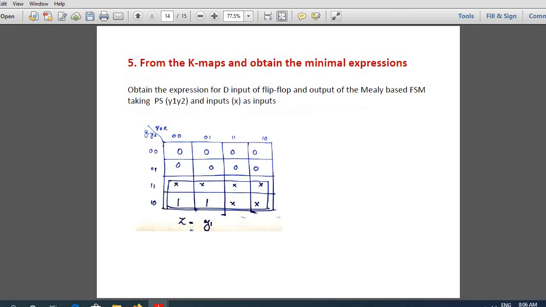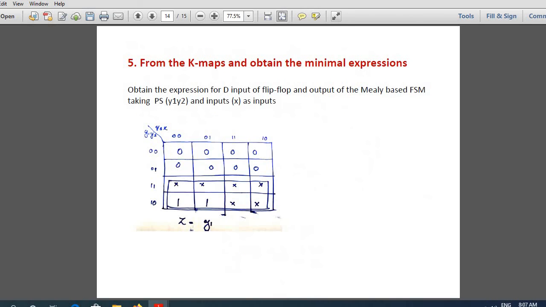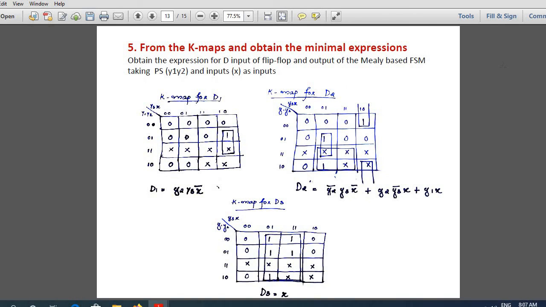And what is the next step? Forming the K-maps. So here how many K-maps do you need? You need the K-map for D1, the K-map for D2, the K-map for D3, and the K-map for Z. Okay. So what are the inputs taken?